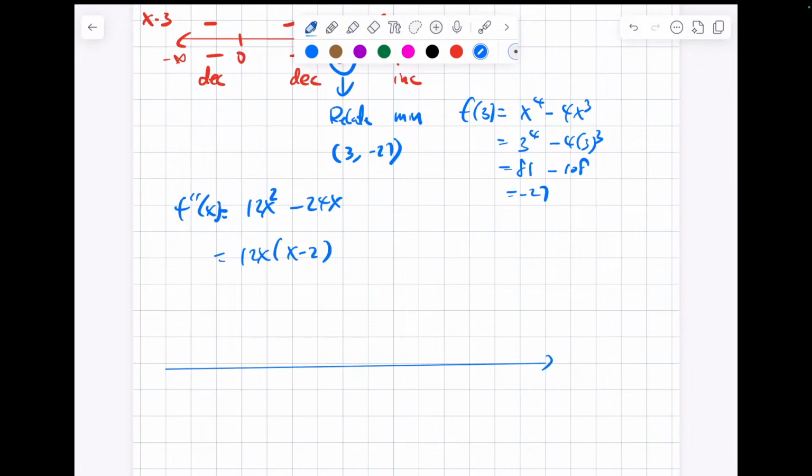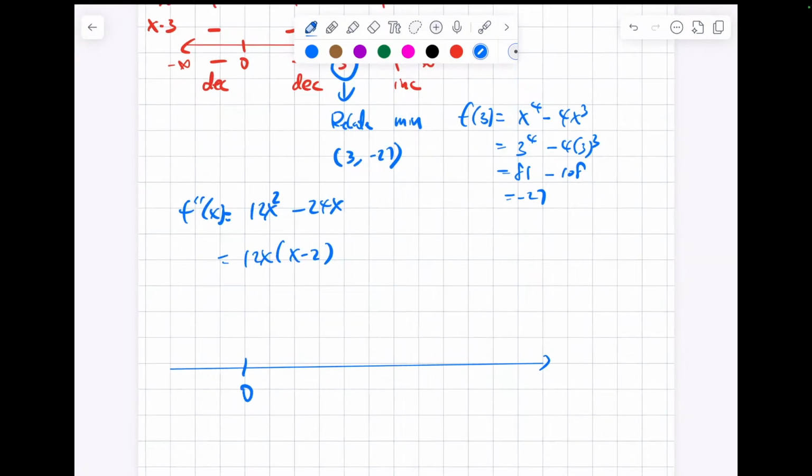Now, this is going to be from 0 to 2, with 12x and x minus 2. For the first interval it's negative, negative, positive.